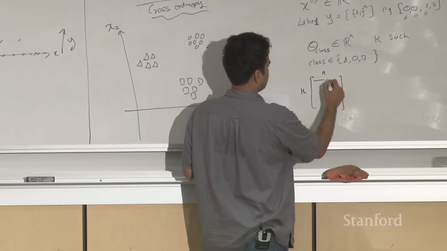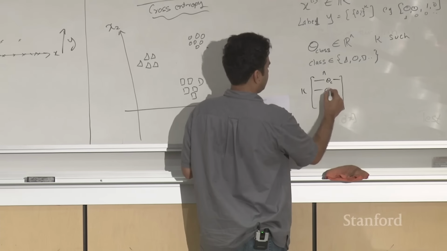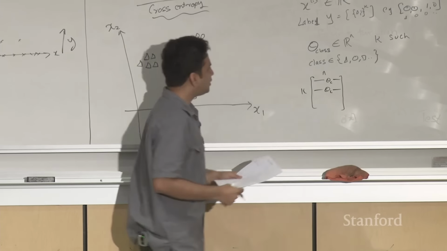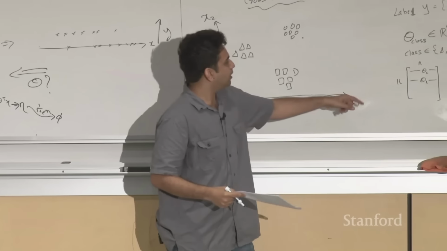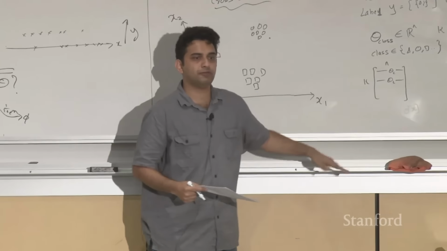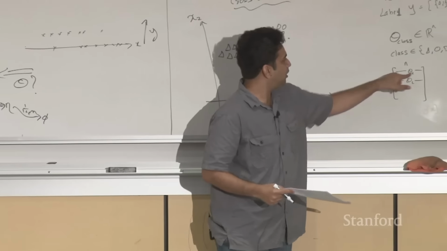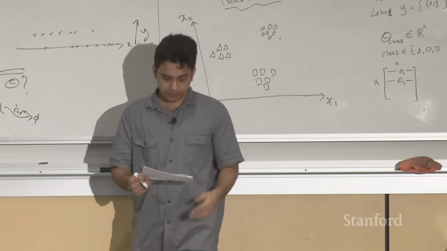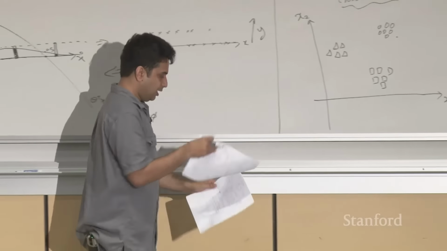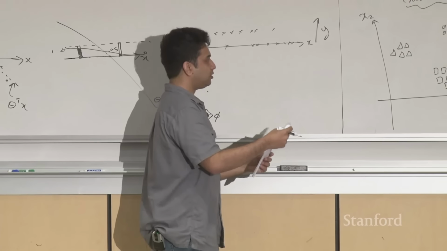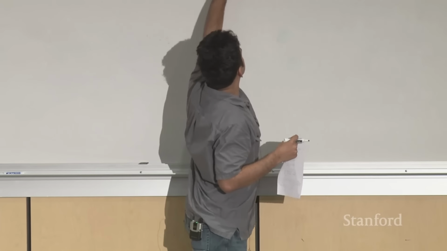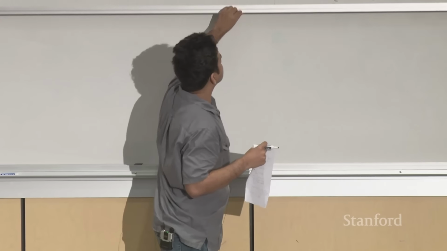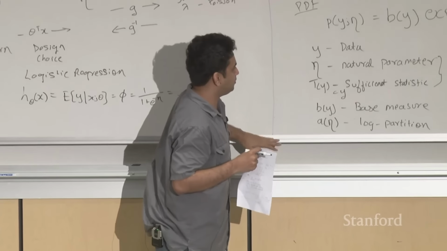So softmax regression is a generalization of logistic regression, where you have a set of parameters per class.